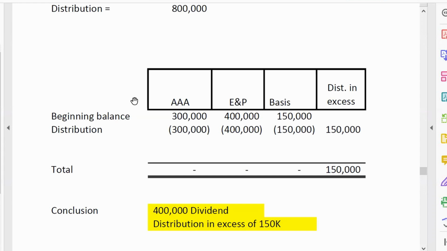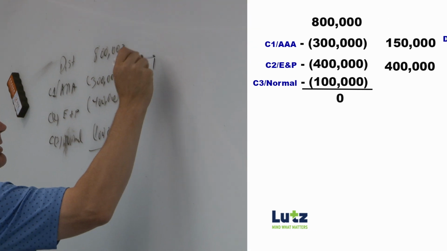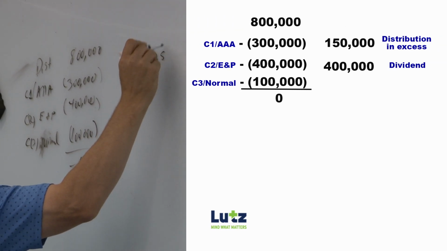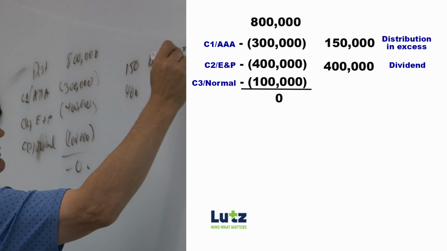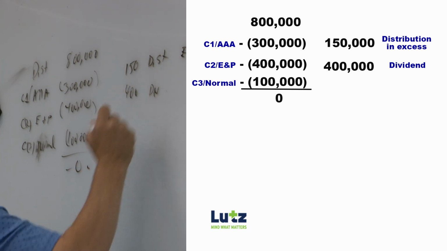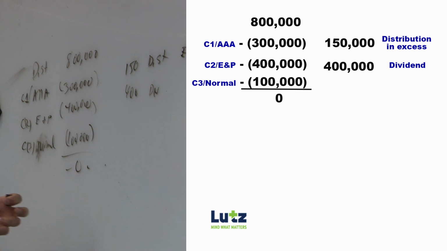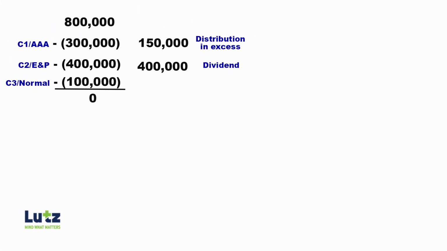Then I have a $400,000 dividend. So now I have here 150 distribution in excess. I have 400K dividend. And now I got this other 100, which is the last tranche. First tranche says to the extent AAA, it's normal distribution rules that says return of basis, capital gain to the extent it exceeds basis. The second is dividend, which is my 400.